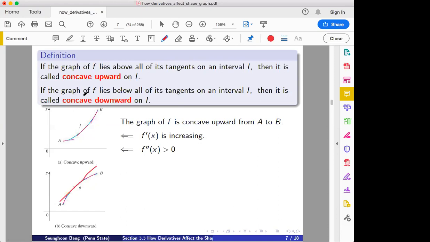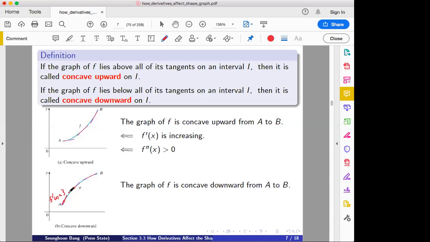Exactly, f lies below each tangent line, so it is concave downward. So what happens to f prime of x here? You can choose this point. The slope of the tangent line, f prime of x, is, I think, like 3.